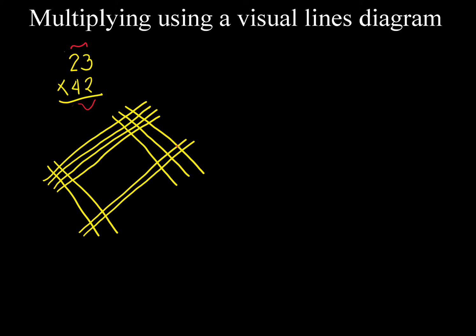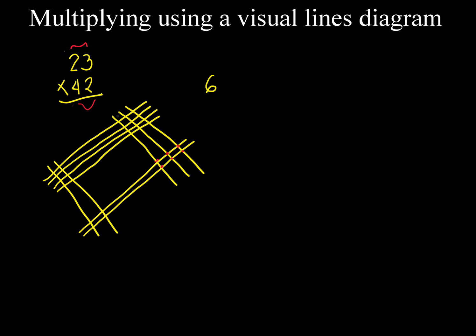We're going to count the number of intersections that we have. In this case, we got 1, 2, 3, 4, 5, and 6. So we're going to write down our 6 on our ones. Now let's take a look at our tens.